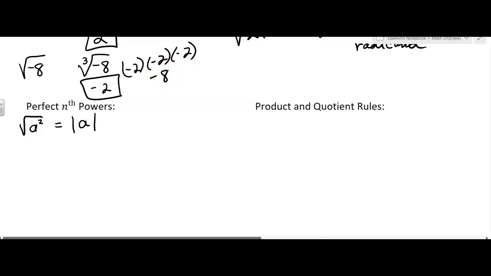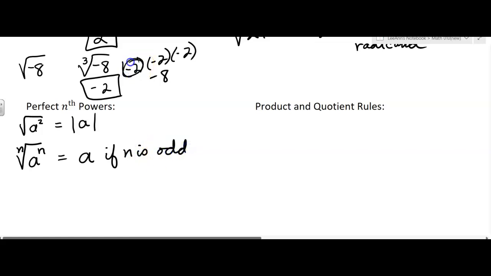So it makes a difference if the index is odd or if it's even. So if you have the nth root of a to the nth, that's going to be equal to a if n is odd.